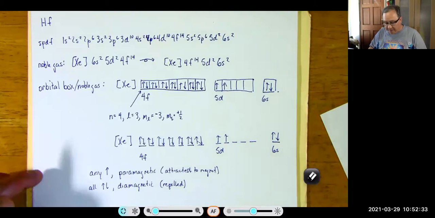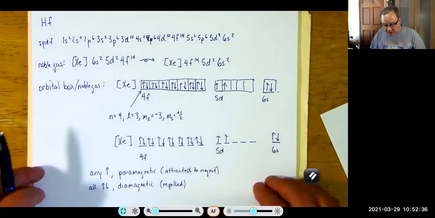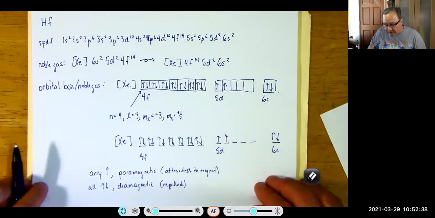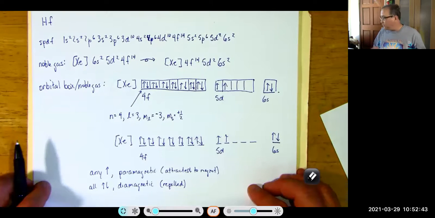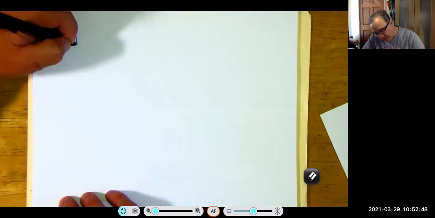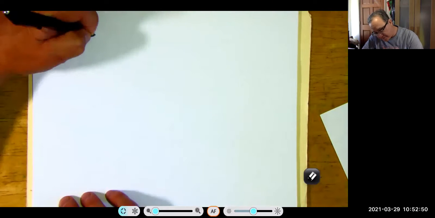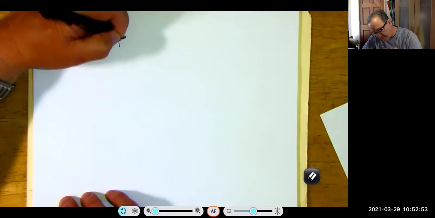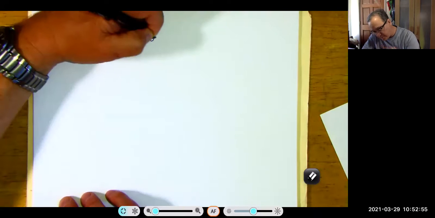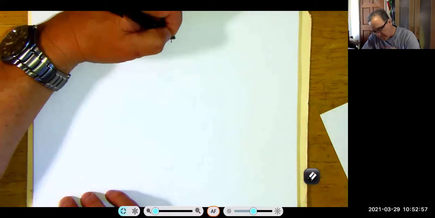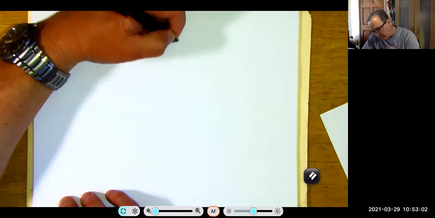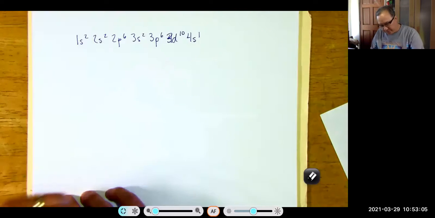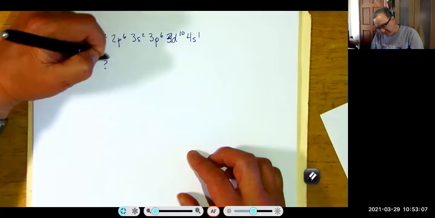So that's a big part of this chapter, just being able to come up with electron configurations and understanding what all of this means. Yeah. So there is this atom that has the following electron configuration. So what element?